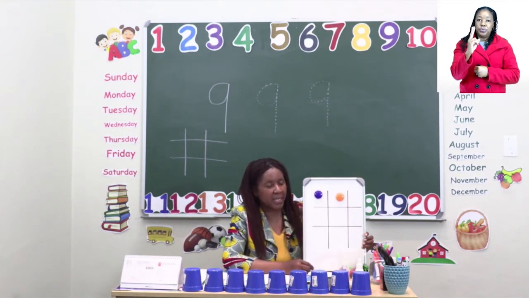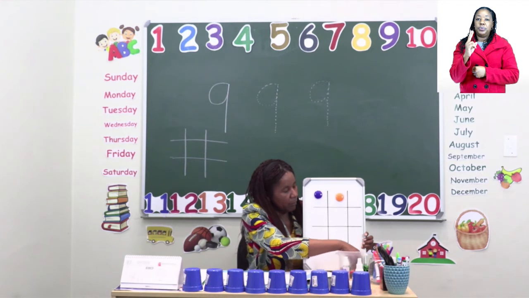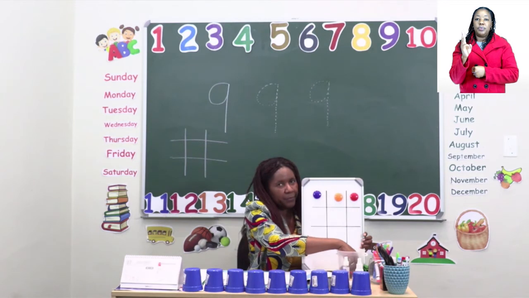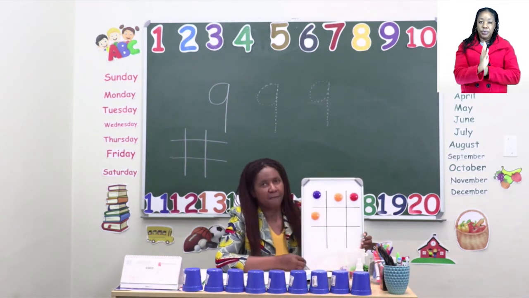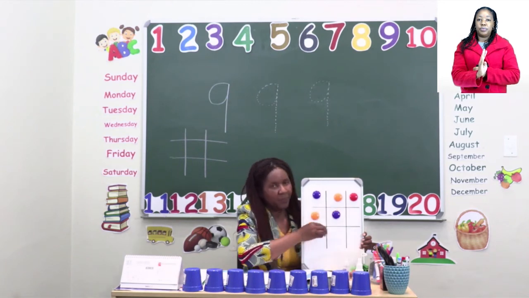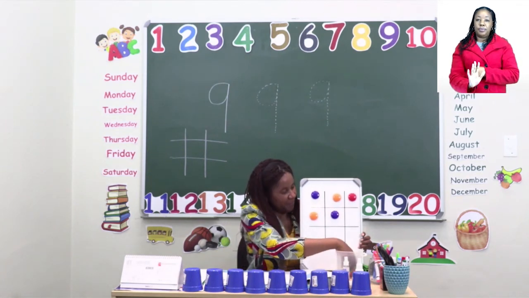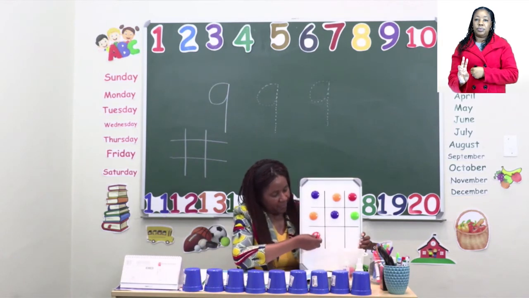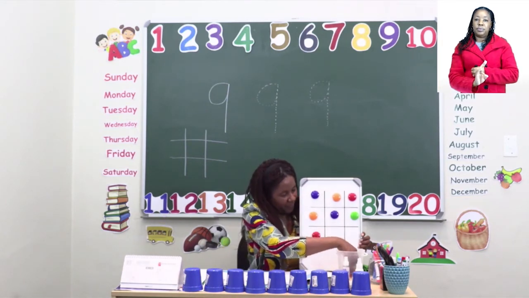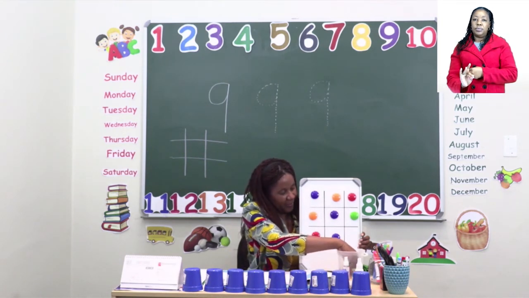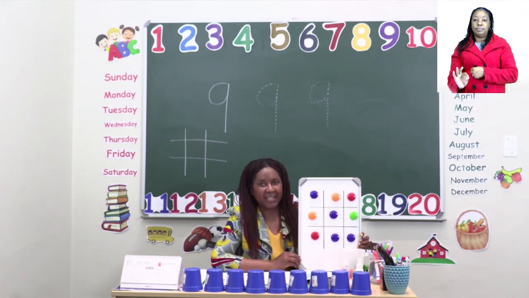2, that's the second square. 3, that's the third square. 4, that's the fourth square. 5, 6, 7, 8, 9.